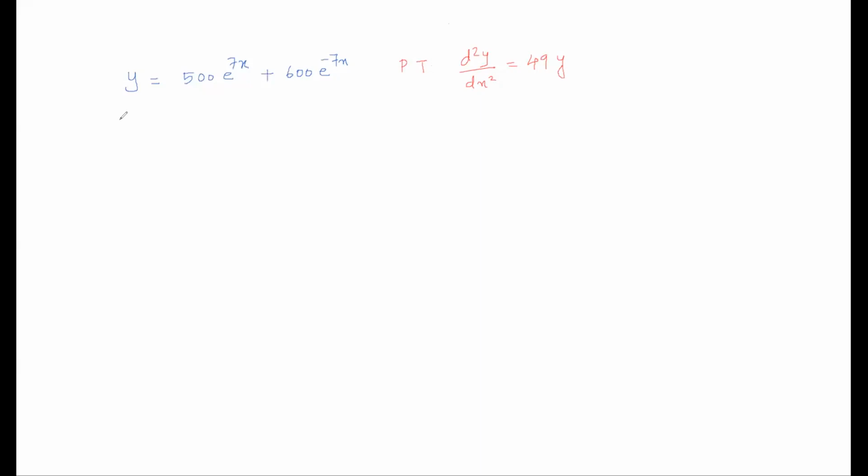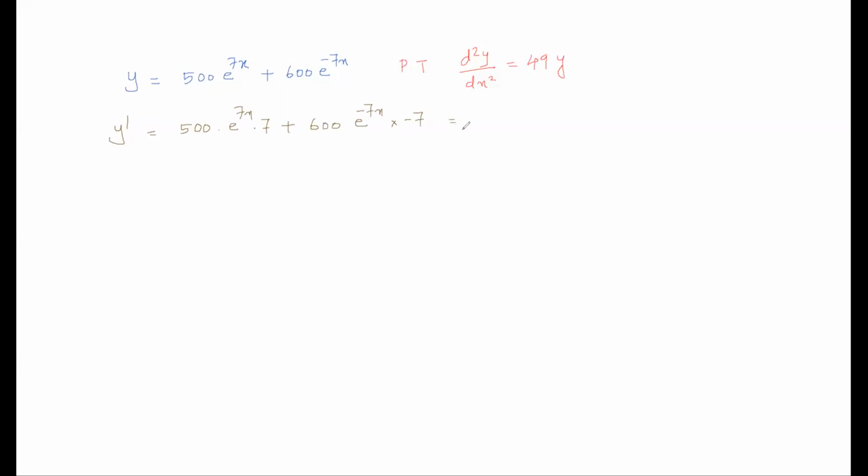So you have to find the first derivative, y dash. It is 500 into the derivative of e to the power 7x, which is e to the power 7x into 7, plus 600 into the derivative of e to the power minus 7x, which is e to the power minus 7x into minus 7.